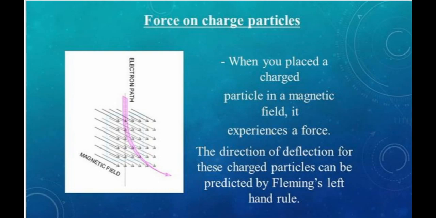But if a charged particle moves perpendicular to the magnetic field, that is, the angle between the particle's motion and the magnetic field is 90 degrees, it is going to experience the maximum force.